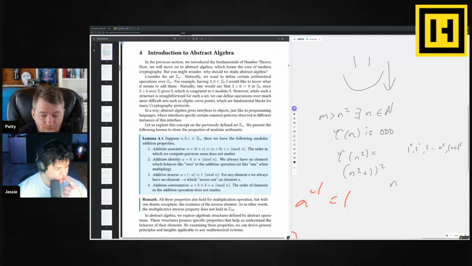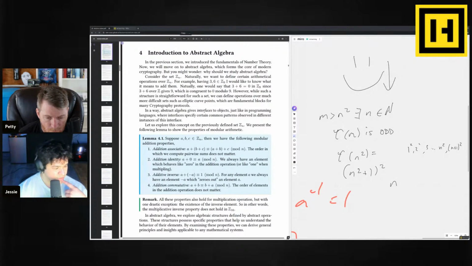I would like to know what it means to add them. Naturally, one would say that 3 plus 6 equals 0 in Z sub 9. Oh, modulo 9. That makes sense, since 3 plus 6 over Z gives 9, which is congruent to 0 modulo 9.